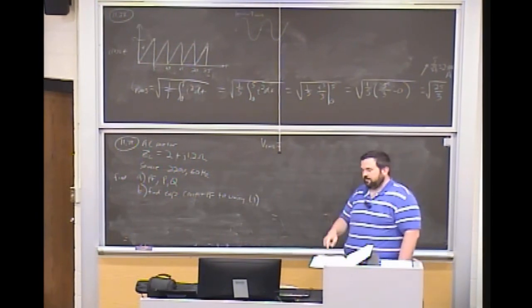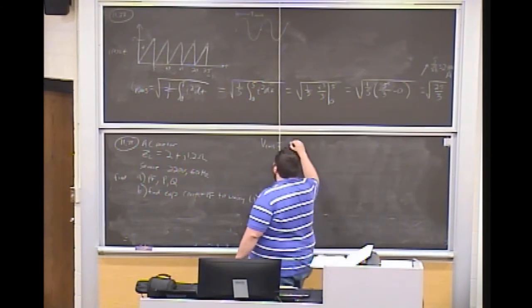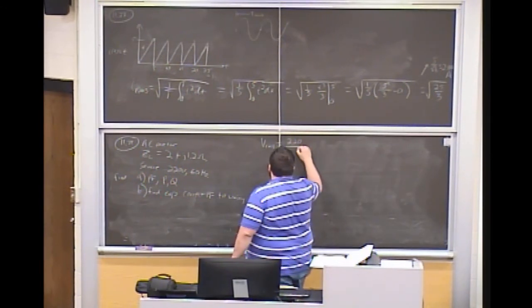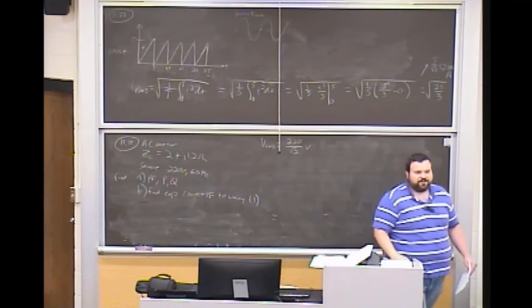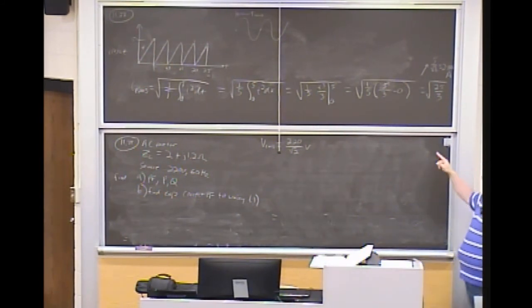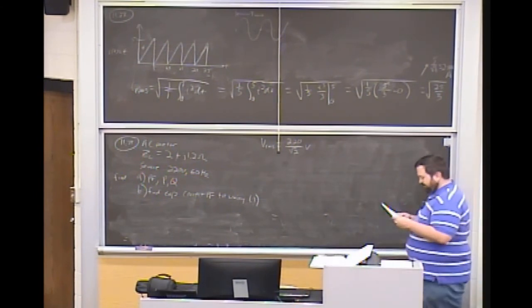Close. Square root of 2. So VRMS is 220 divided by square root of 2 volts. If you're trying to find the RMS of a sinusoid that does not have a DC offset, it's the amplitude, 220 in this case, divided by square root of 2.